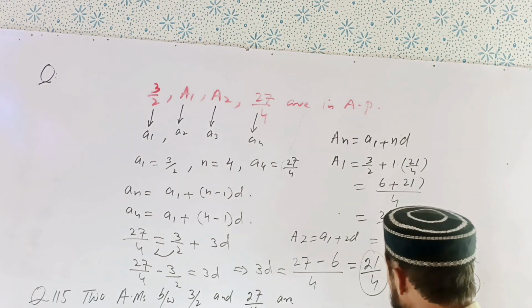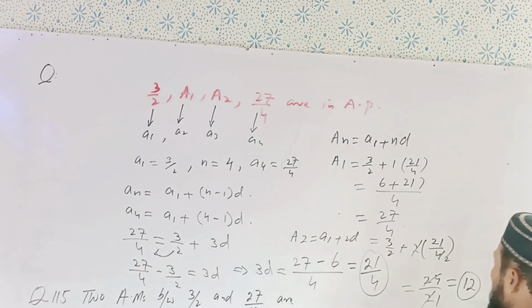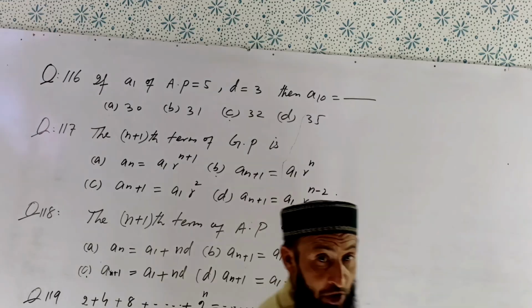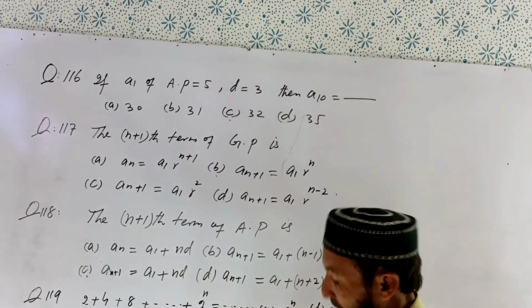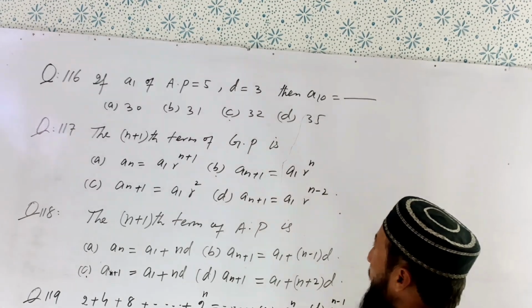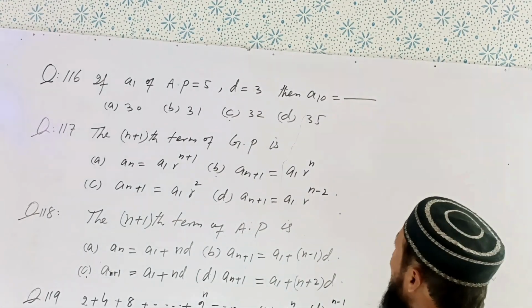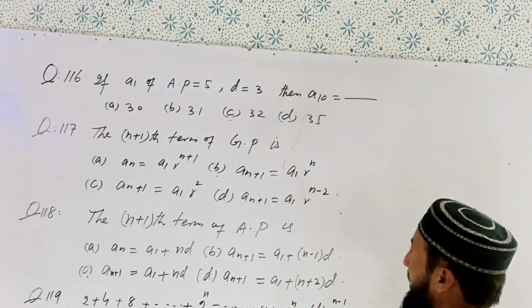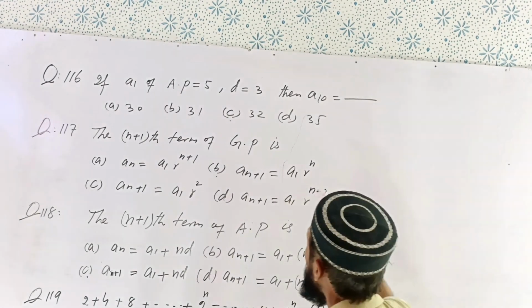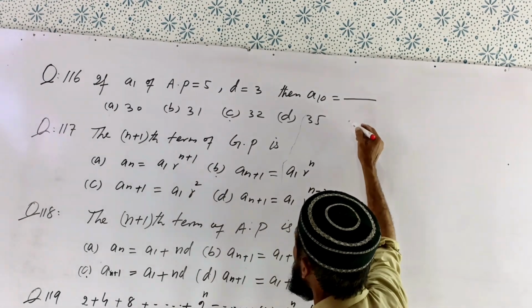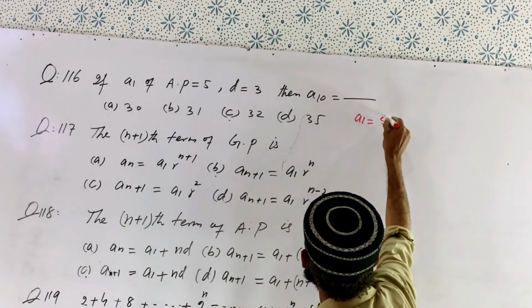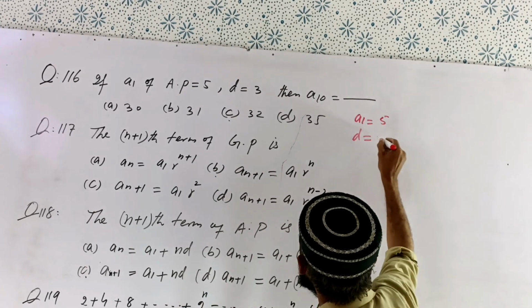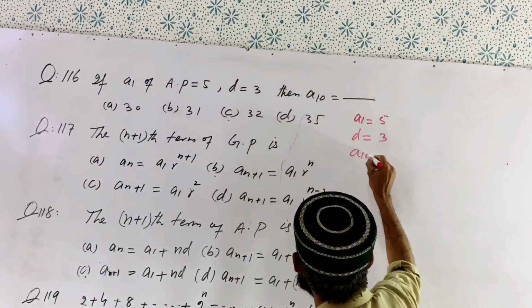So D is the correct option. Next, if the first term of an arithmetic progression is given and the common difference is also given, what is the 10th term of the arithmetic progression? The first term is 5, d is equal to 3, and a10 is unknown.